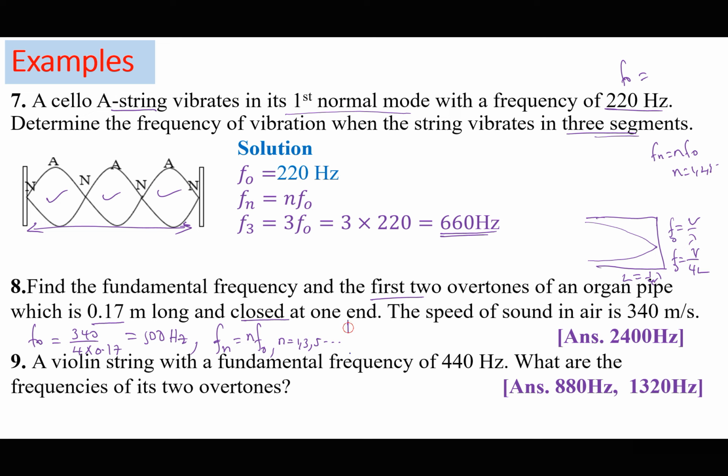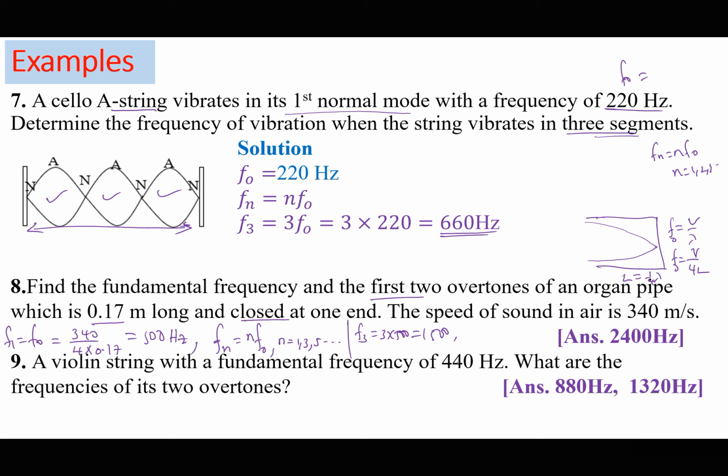So the next one is going to be F3, because this one is F1, and F1 is equal to F0. So F3 is going to be equal to 3 times 500, which is going to be 1,500.